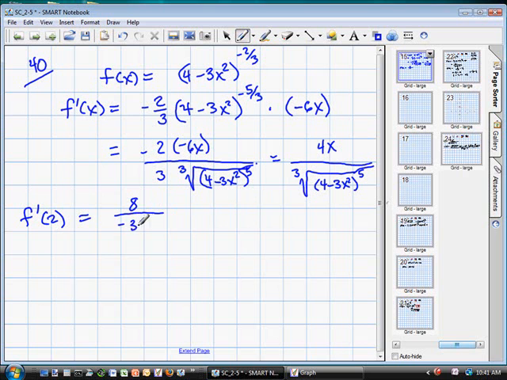I'll explain that. You're probably wondering, why did I take the cube root before I took the 5th power? When you have something to the 5/3 power, it doesn't matter which order you go, you can take it to the 5th power and then take the cube root, or you can take the cube root and then take it to the 5th. So when I got down to negative 8 right here, I took the cube root first.